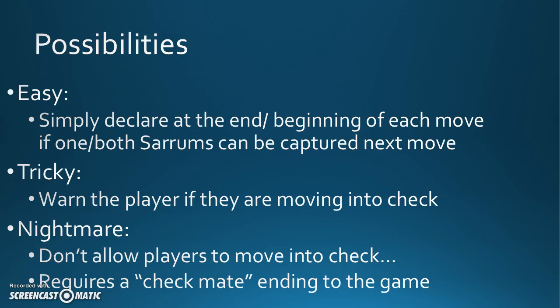So then you've got to create a new ending, but that's not what we're going to do today. This first one, the easy one, simply declare at some stage if your Sarrum is in check, I think is nice and doable, and if you can do that, you should, especially if you know how to undo a move, you can move on to the trickier ones.